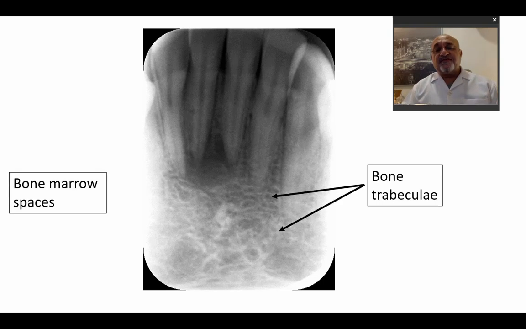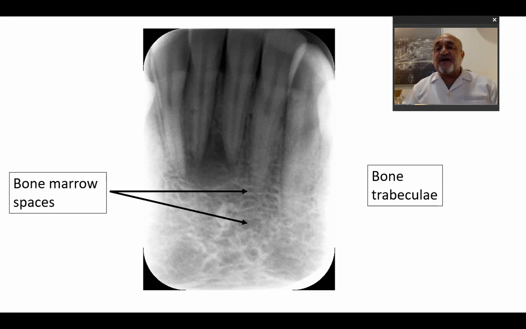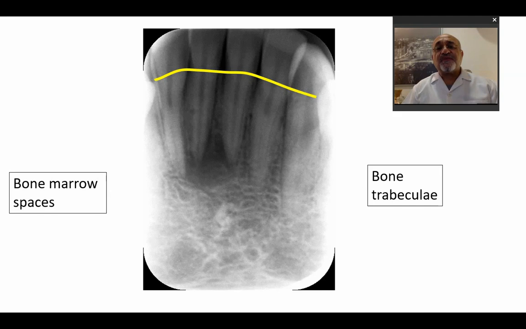So, in this radiograph, you see the thick, coarse, horizontally running bone trabecules. On the other hand, you will see the smaller sized bone marrow spaces, usually scattered in between the bone trabecules. See this line? This is actually the alveolar bone.